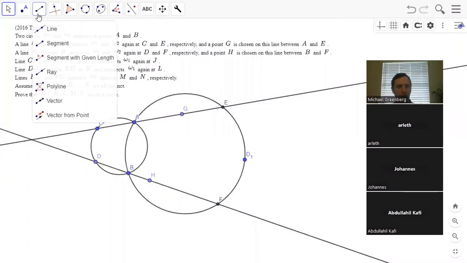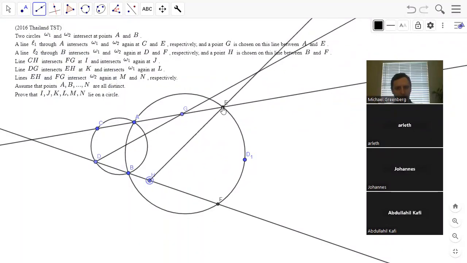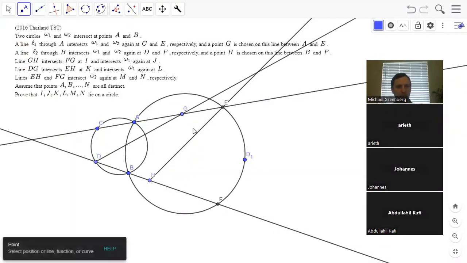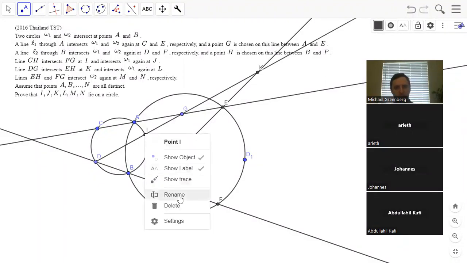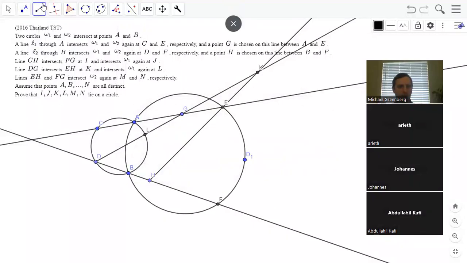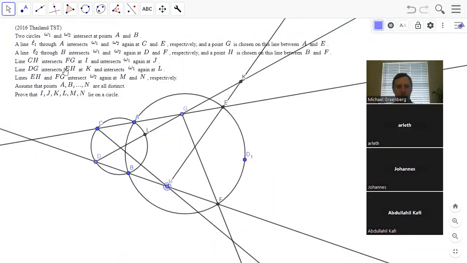Okay, so DG intersecting EH doesn't look so bad, that's K. And so DG should intersect the first circle at L. And then for the other way, CH and FG, it's almost just barely off the screen. So let's move. There we go. That's better.